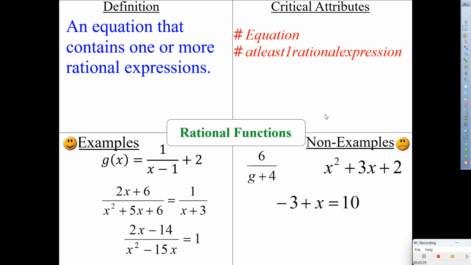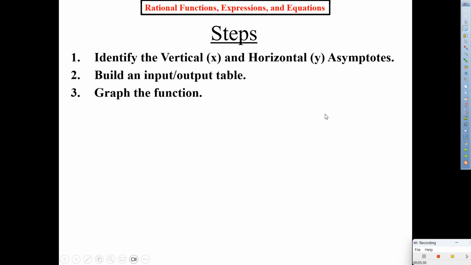All right, so steps that we're going to take today. Look up to the screen. We're going to identify the vertical and horizontal asymptotes, we're going to build an input-output table, and we're going to graph the function. So turn your handout over to the back from where the warm-up was. Write those 3 steps at the bottom of your paper.